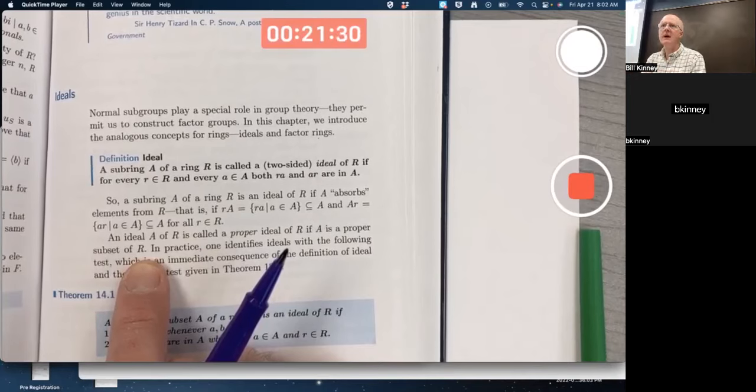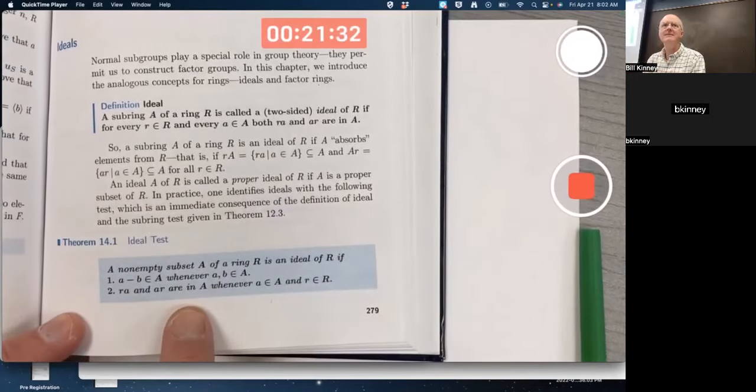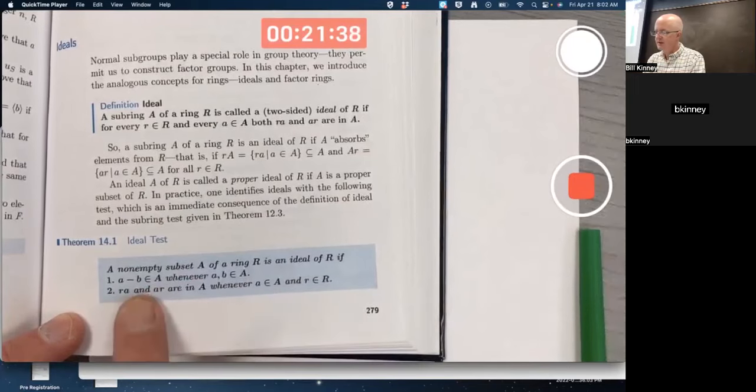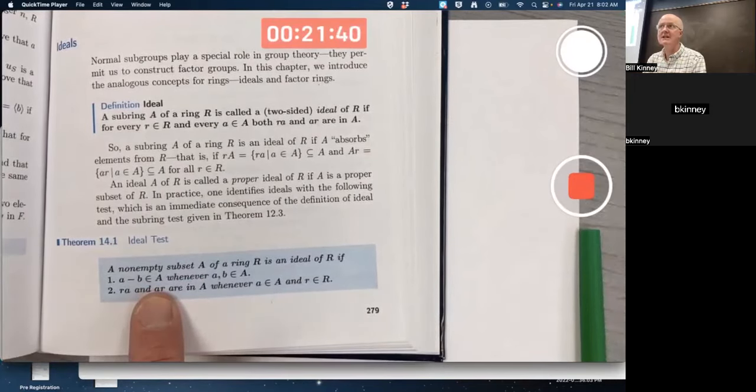Just like there's a normal subgroup test, there's an ideal test. A non-empty subset A of a ring is called an ideal if, first of all, it's closed under subtraction, so it's a subgroup. That effectively verifies it's a subgroup under addition. That's like the one-step subgroup test, because the group operation's addition, so we're using a minus sign for inverses.